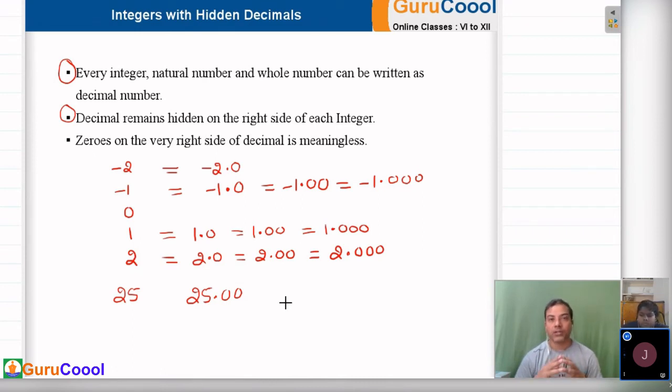Have you heard of scientists? What do they do? They do inventions, scientific research, etc. Scientists also use zeros after decimal.